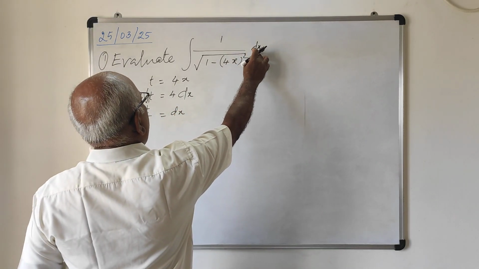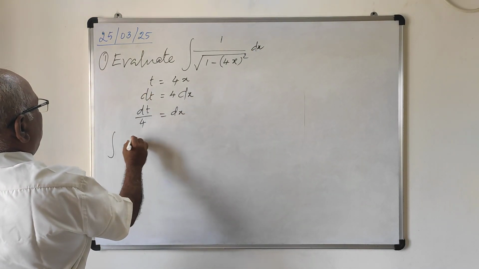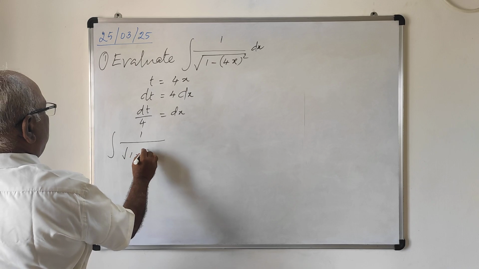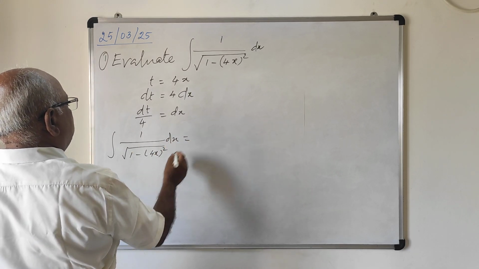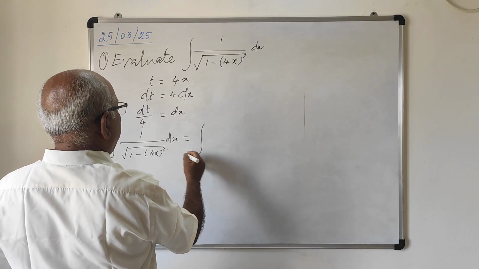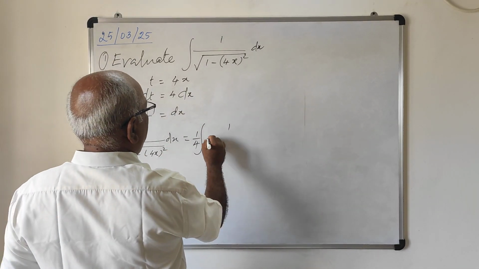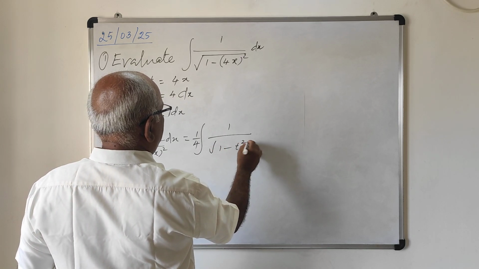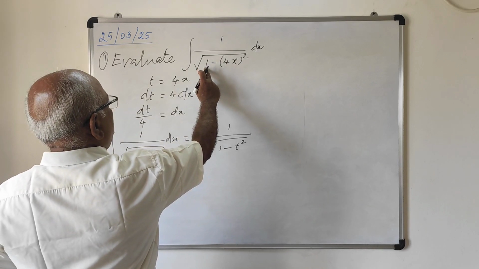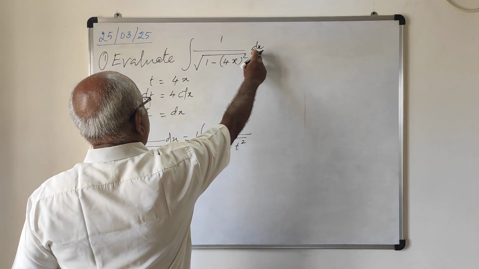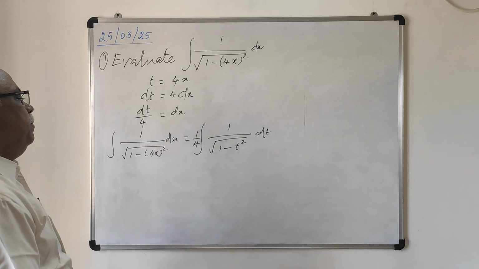So in this integral, you replace dx by dt by 4. Integral 1 by root of 1 minus 4x whole square dx becomes 1 by root of 1 minus t square, because 4x is t, with dx as dt by 4, and that 4 can be taken out of the integral.